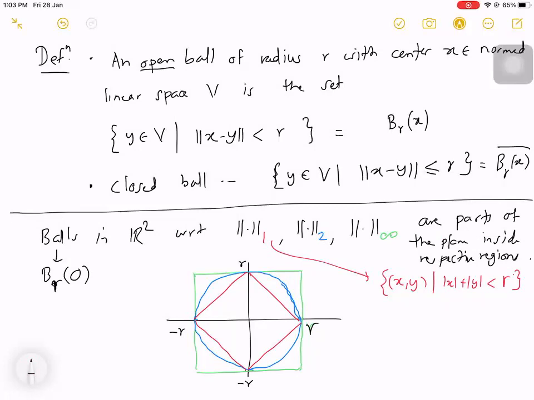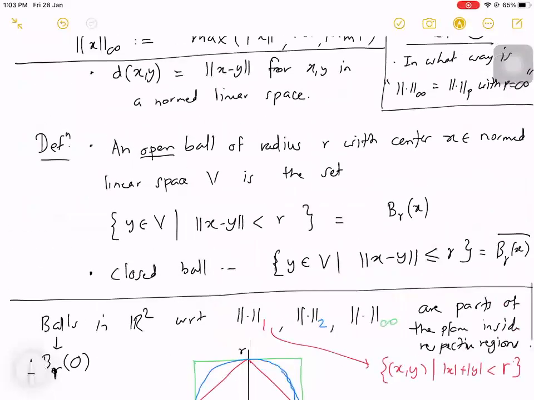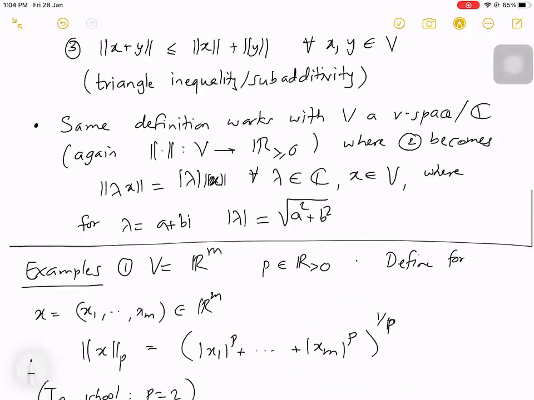The point is the following. So you see the distances are different. However, the question that was asked earlier: does the notion of convergence depend on which norm I take? And the amazing answer is that it does not. Let's go back to the definition of convergence.